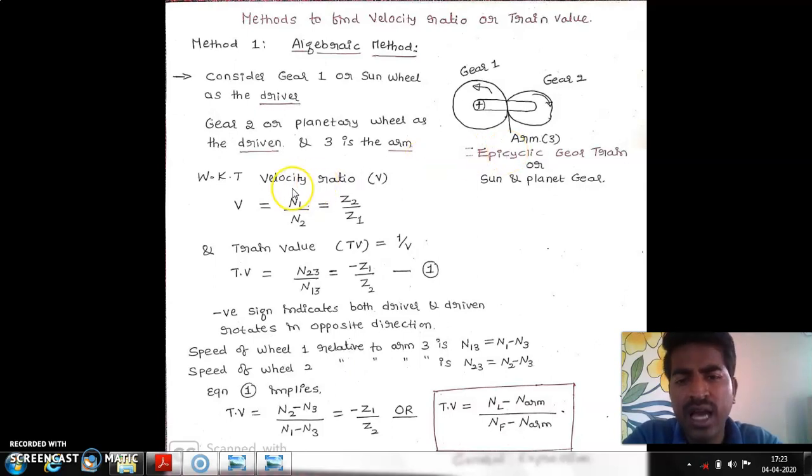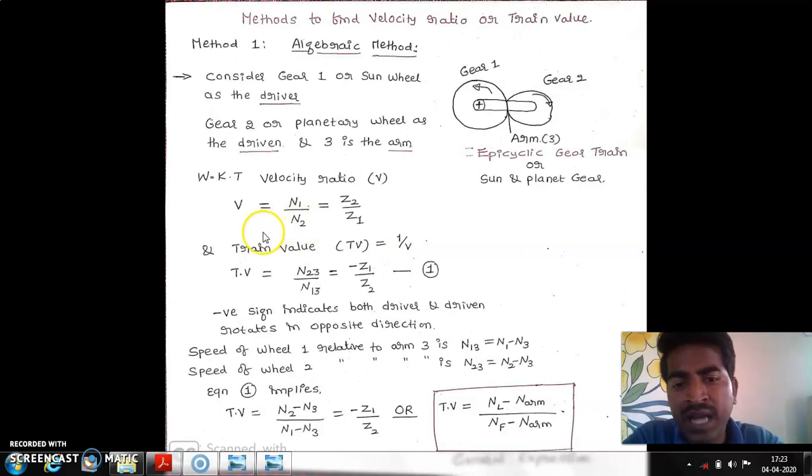As we have already discussed in the previous lecture, velocity ratio is nothing but the speed of the driver gear to the speed of the driven gear, or the number of teeth on the driven gear to the number of teeth on the driver gear. Here 1 indicates the driver, 2 indicates the follower or driven.